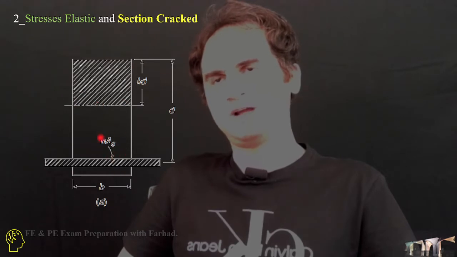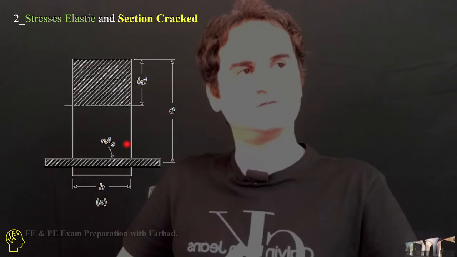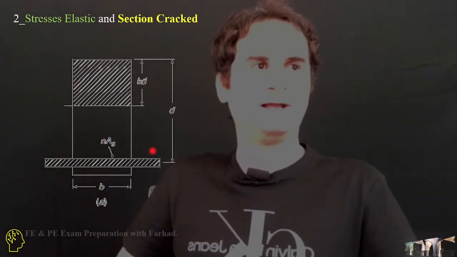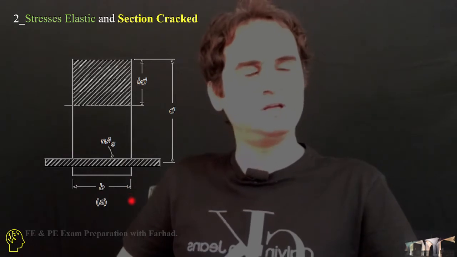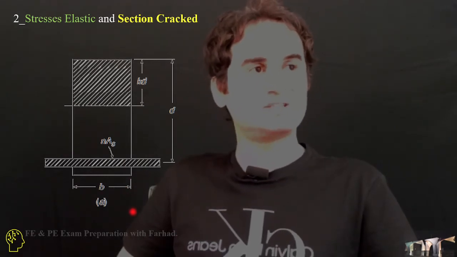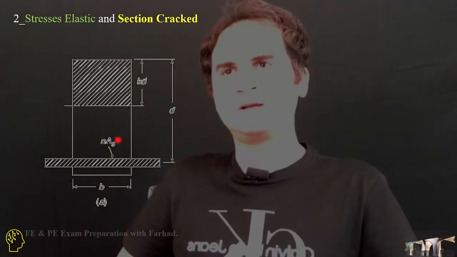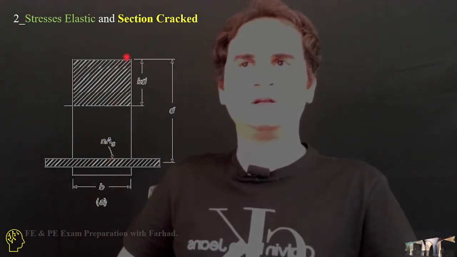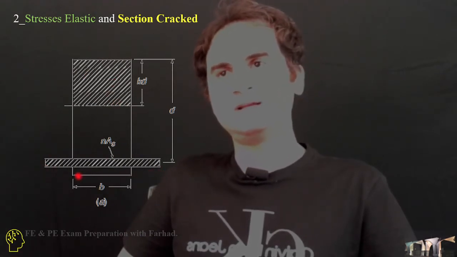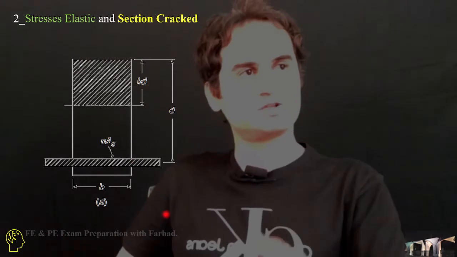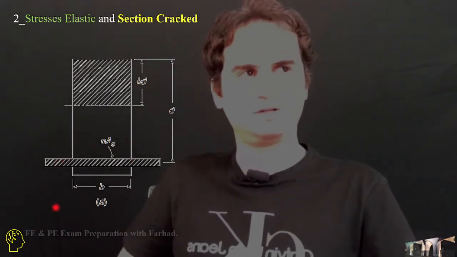In comparison to the previous condition, which was elastic and uncracked, where we had concrete in the tensile part of the cross section, here we have two parts: the compressive concrete at the top and the tensile steel, which in a transformed section is converted to equivalent concrete.